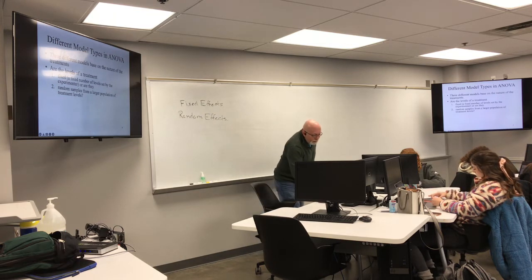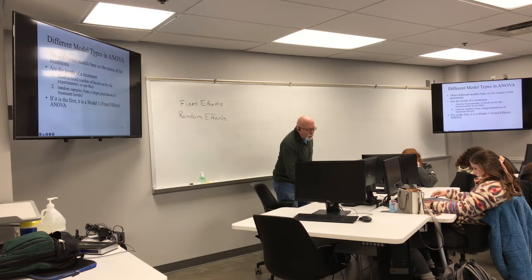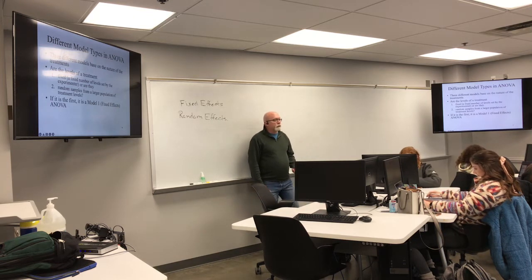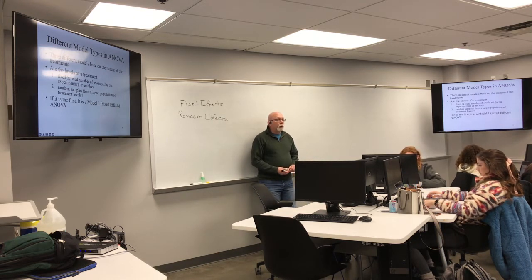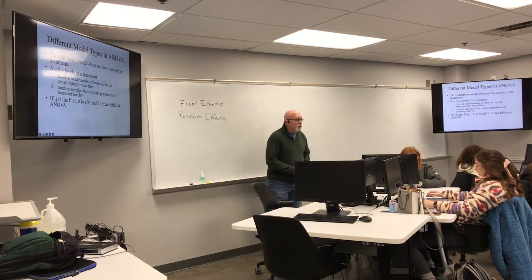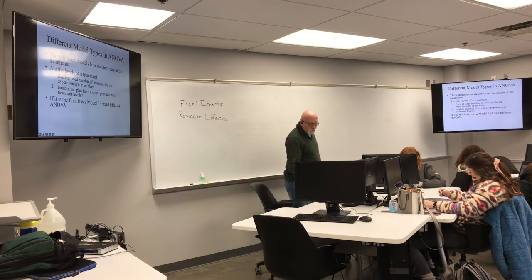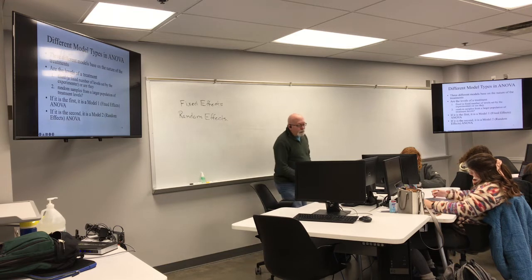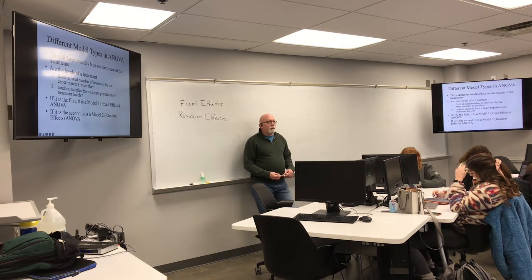So what we call a model 1, if you ever see this in any of your reading, a model 1 ANOVA is a fixed effects model where all of the effects are fixed effects. A model 2 ANOVA has random effects.